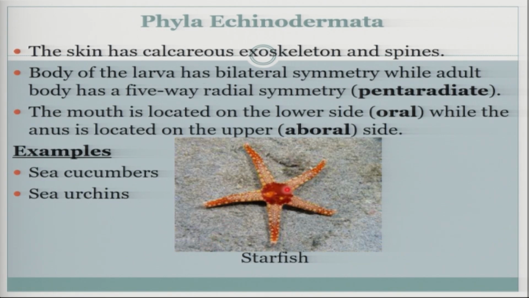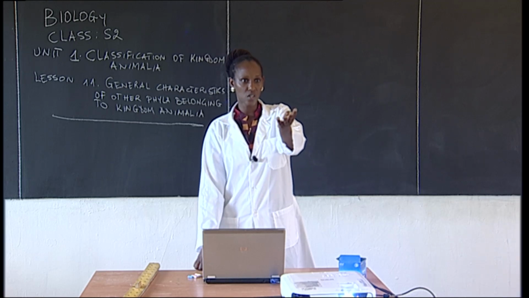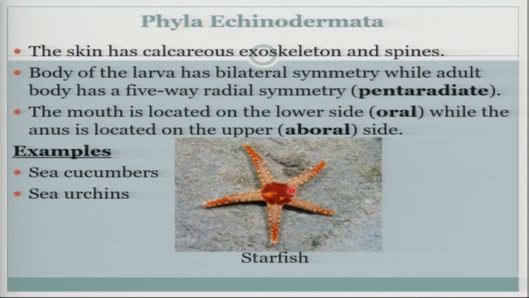So it has five projections, which are covered by an exoskeleton with kind of spines. These are like projections. This is a starfish. It is a good example of phylum Echinodermata.